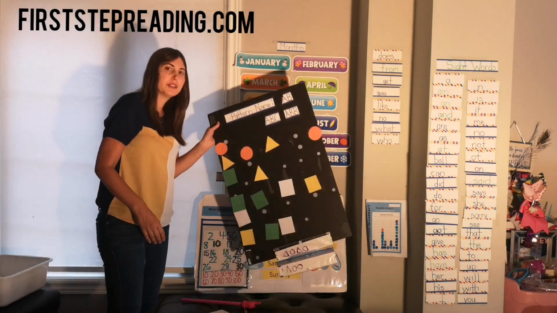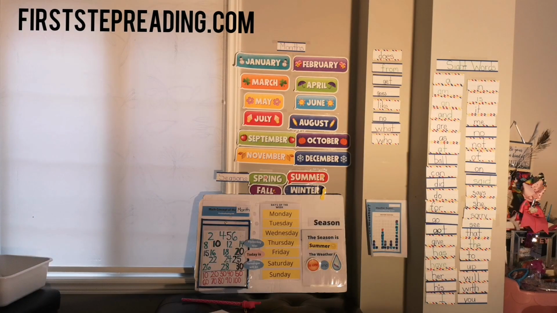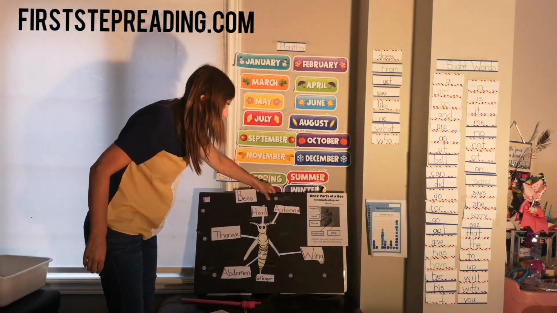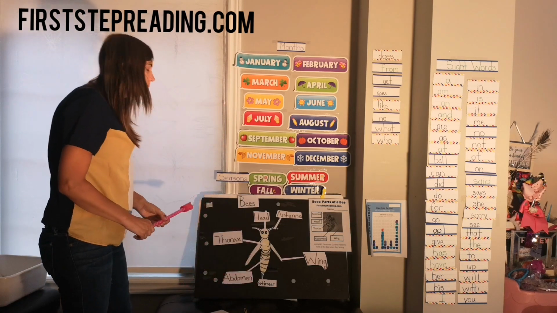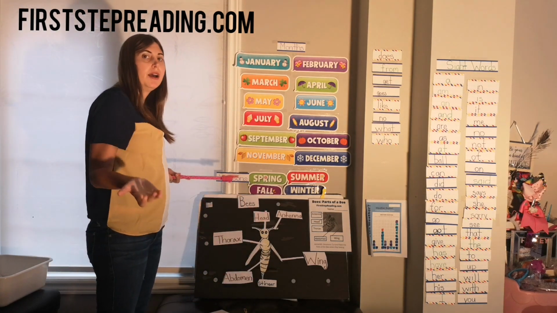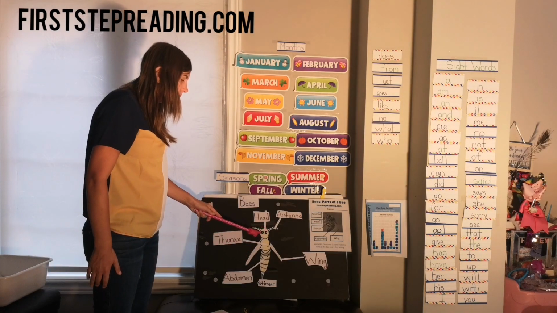And now let's move on to science. So for science, we're talking about bees. So a couple things about bees. The first thing is we're going to talk about the parts of their body. They have 3 parts in their body.